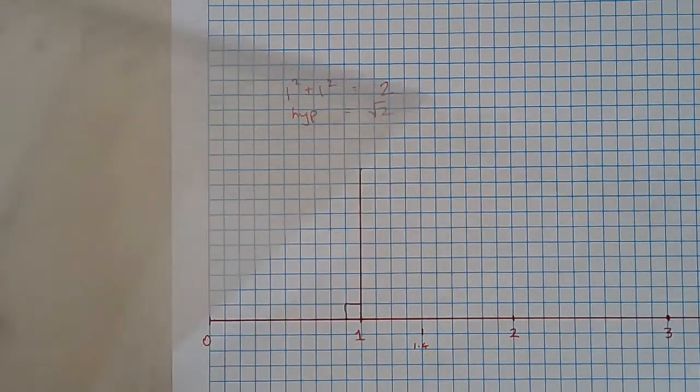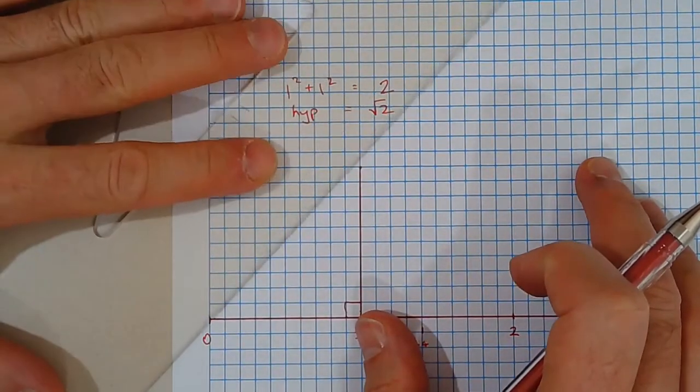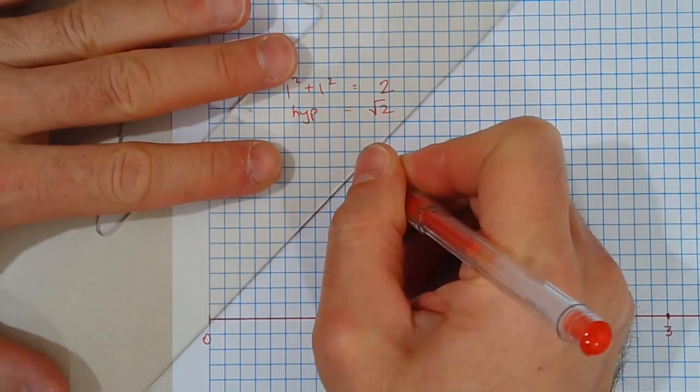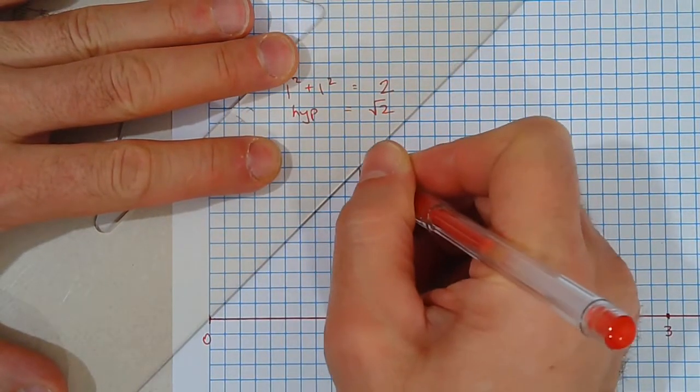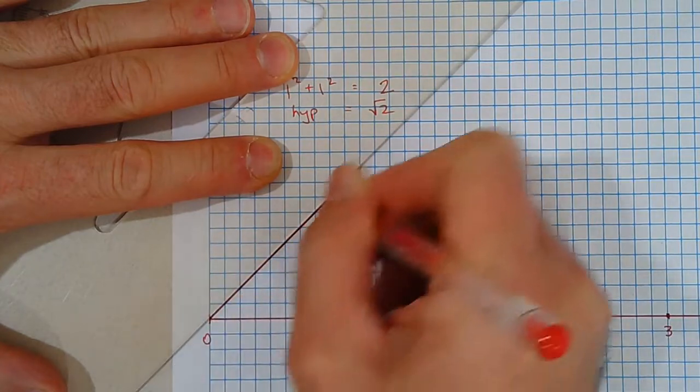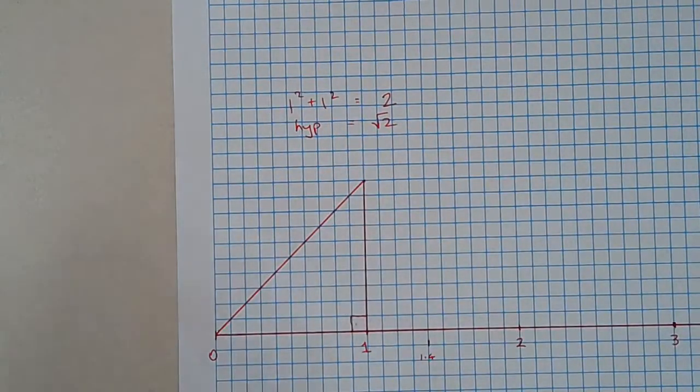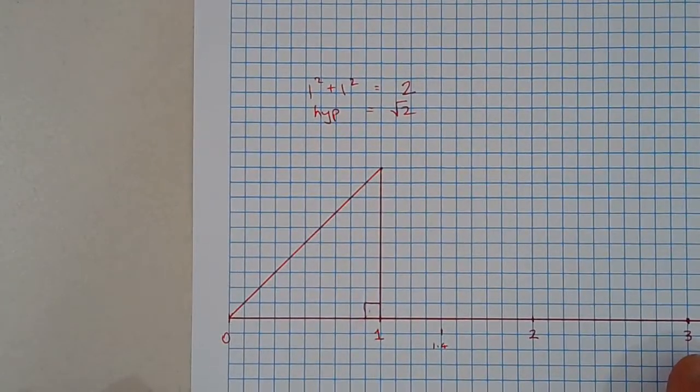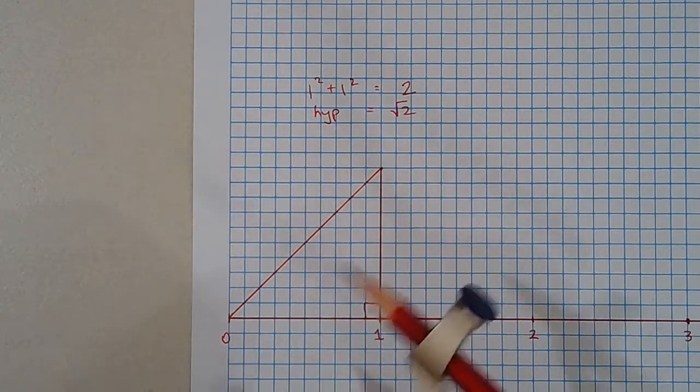Right. So let's draw in the hypotenuse. Now, the hypotenuse can in fact be represented by the radius of a circle. So let's do that.